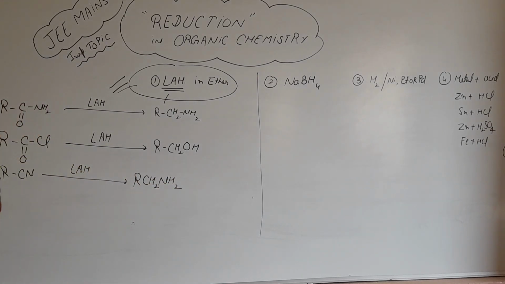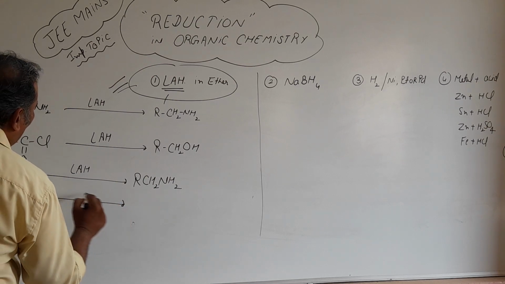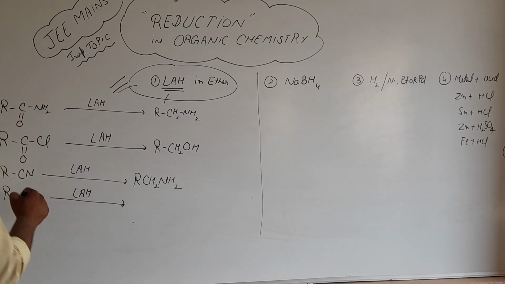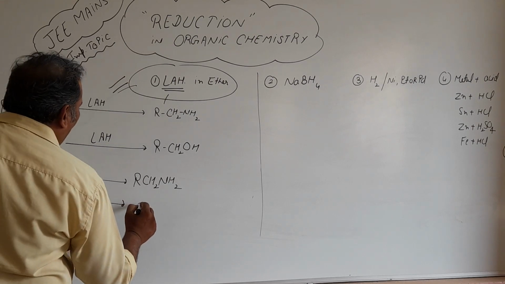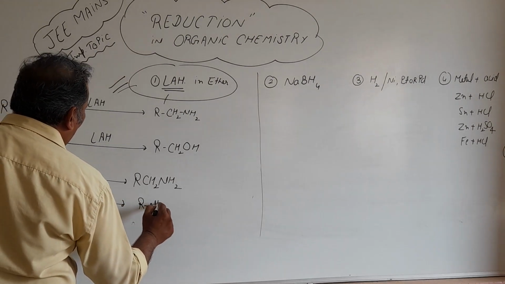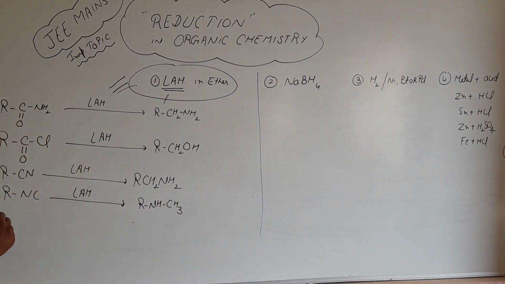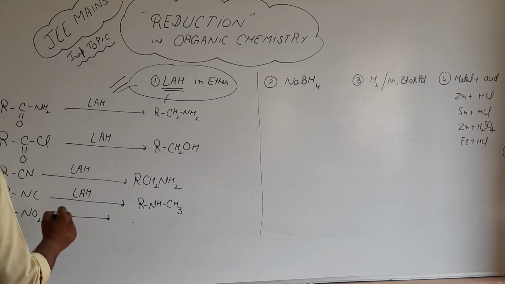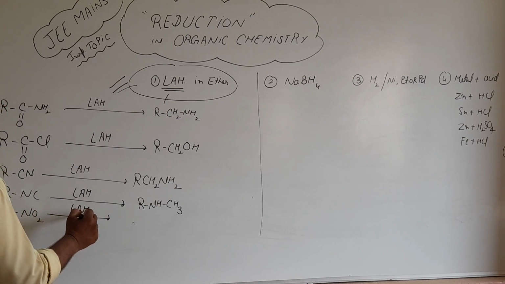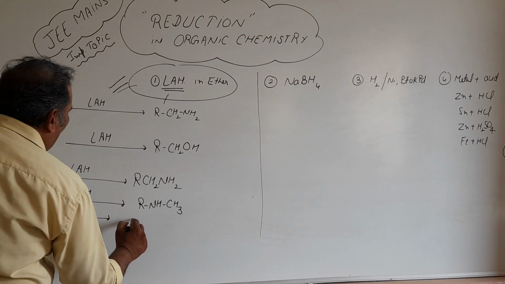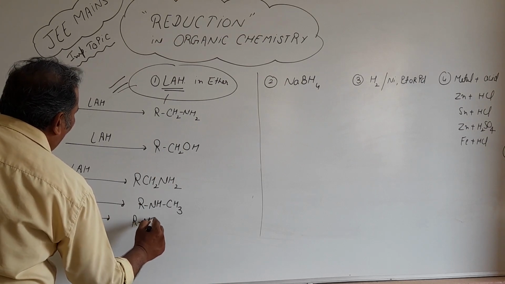If we are using isocyanide in the presence of lithium aluminum hydride, again it will reduce and produce RNHCH3, meaning 2 degree amine. If we are using nitroalkanes, it also reduces the NO2 group into NH2 group, meaning we get amine.